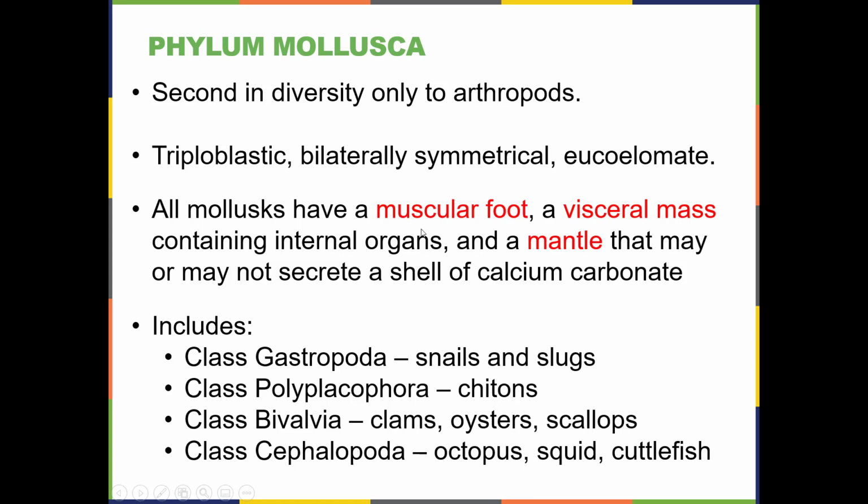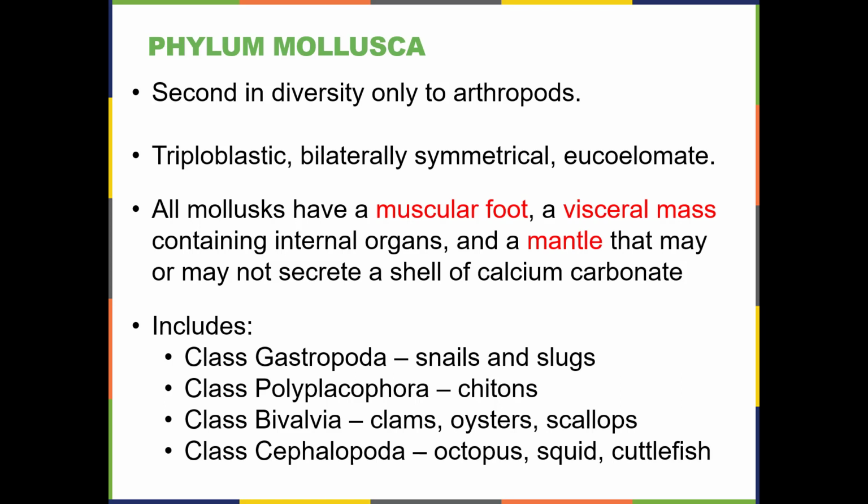The 3 main body parts that all mollusks have somewhere in the body, we call it the foot, the visceral mass. Visceral means the internal organs. So a large portion of the body that is all the internal organs. And then a structure called the mantle. The mantle is typically a thin body covering that secretes a shell for the animals that do have a shell.